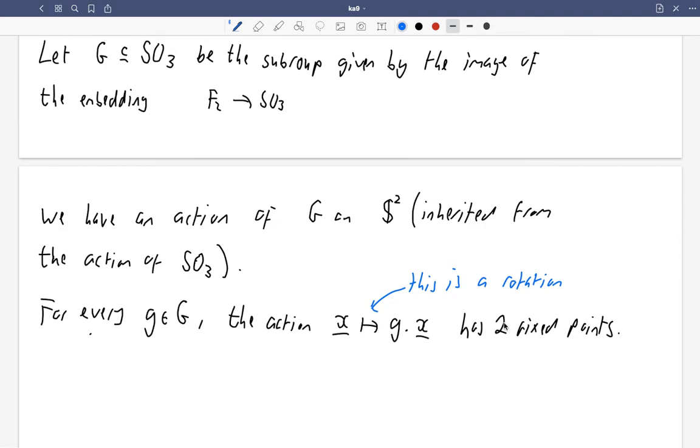So this is just some property that generally holds of rotations.